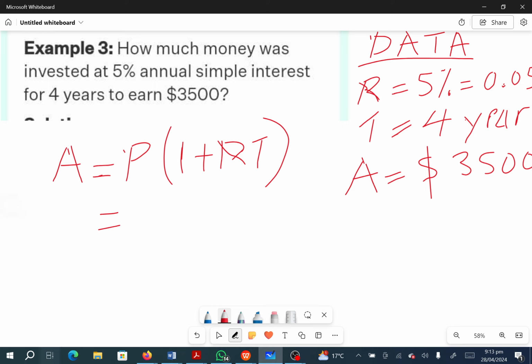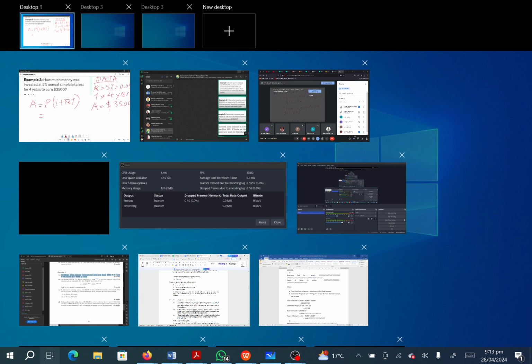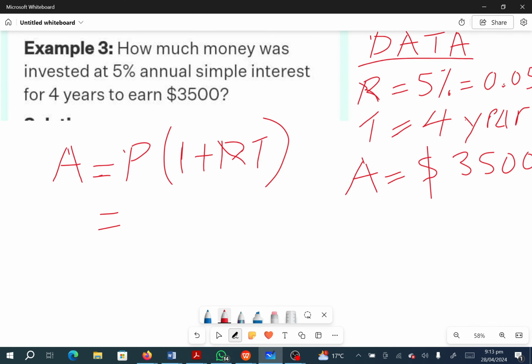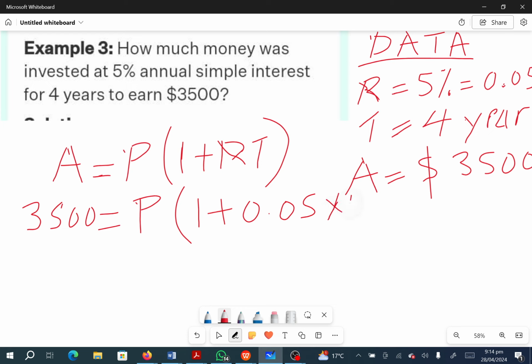So 3,500 is equal to P, the principal, then open bracket 1 plus the rate, 0.05, multiplied by the time, which is 4, close bracket.